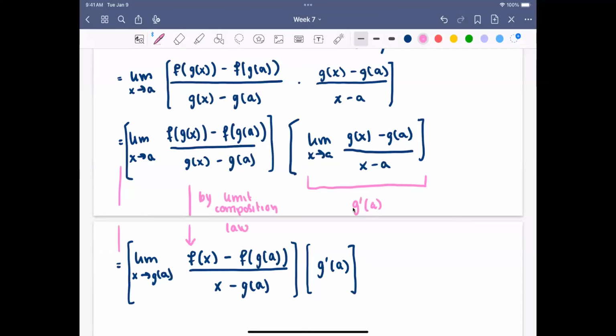Okay, are there questions about that? Or is it okay? Okay, so then what is this expression? My hint is that it's the derivative of something at something.